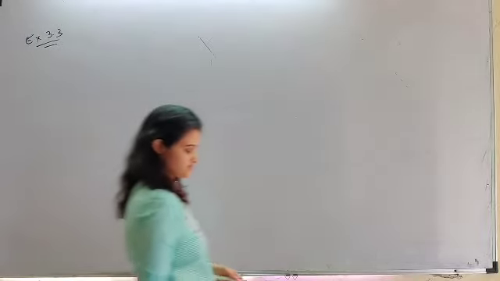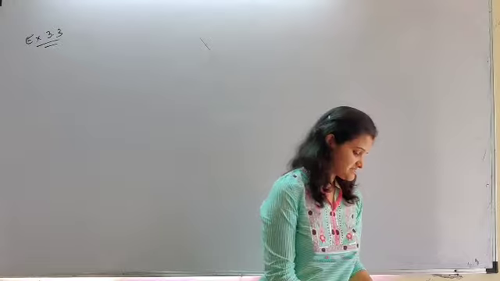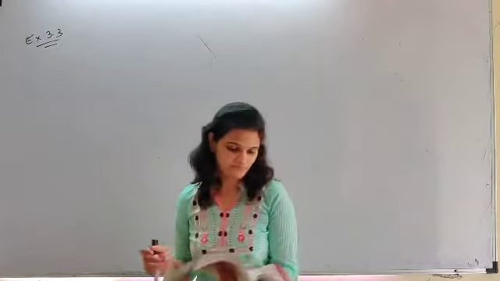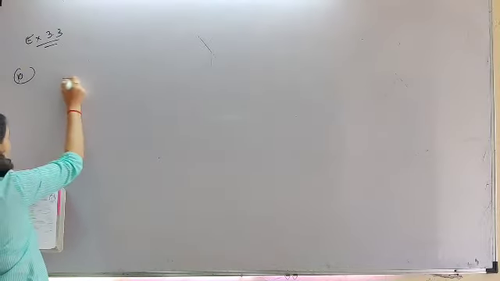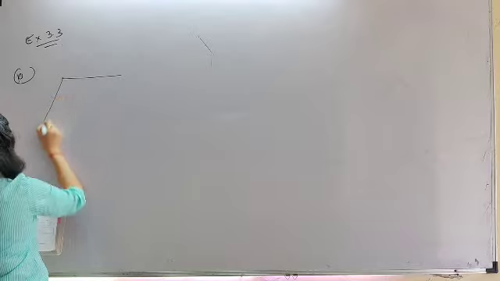Now question number 10. Explain how this figure is a trapezium. Which of its two sides are parallel? That we have to find. So this is the easiest one. The figure is given like this.